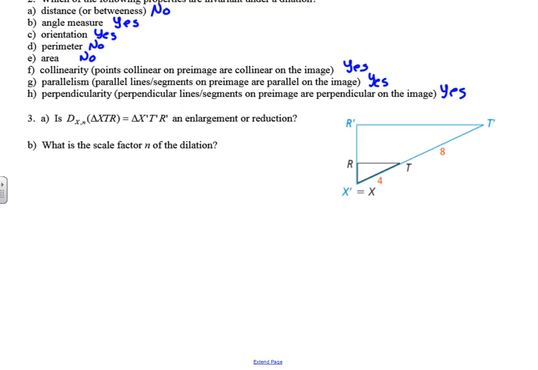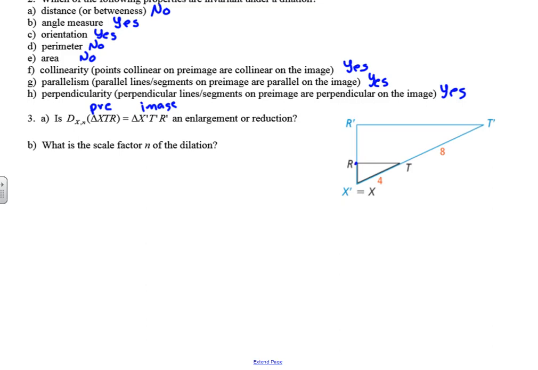Okay, so in this case, triangle XTR, is this dilation centered there at N? Is this an enlargement or reduction? Okay, so this is the pre-image and this is the image. Let's go ahead and look. So we've got R and then we've got R prime. Here's what I want you to notice.